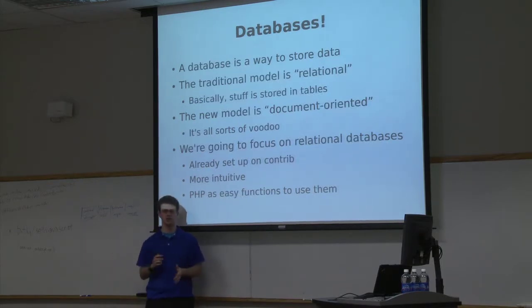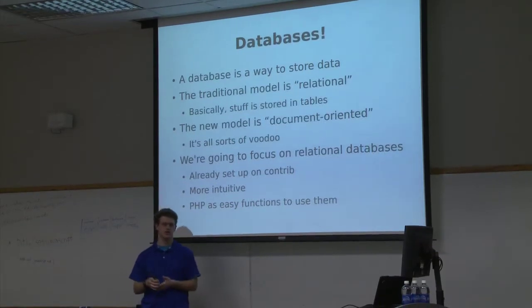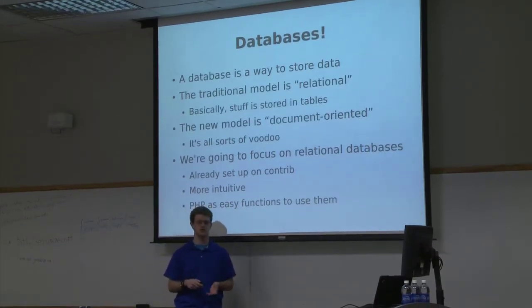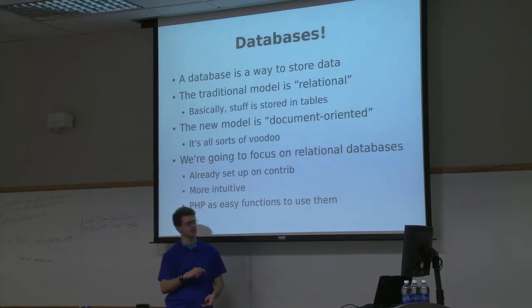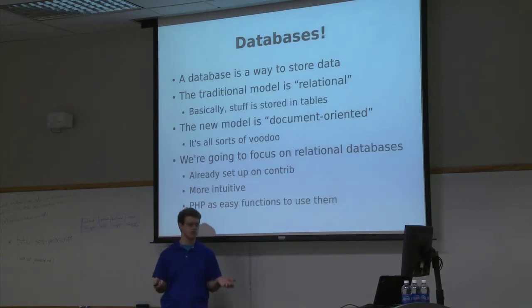We're not going to go into that, because while this is changing, that's better suited for JavaScript applications and client-side stuff. Also, in terms of intuition, if you've never seen any of it before, a table is a lot easier to think about than this abstract amorphous stuff. And PHP also has really easy functions to use MySQL databases, which are one of the industry standards for relational databases.